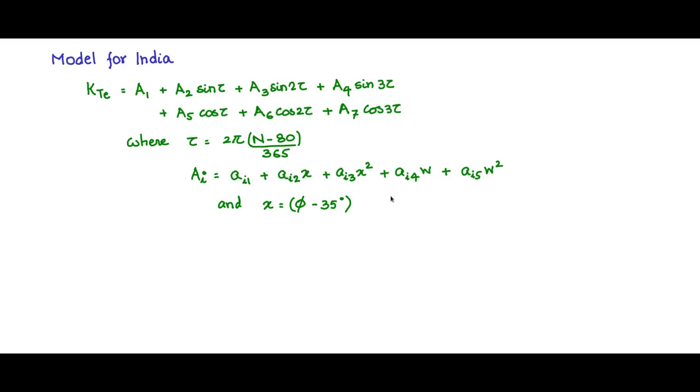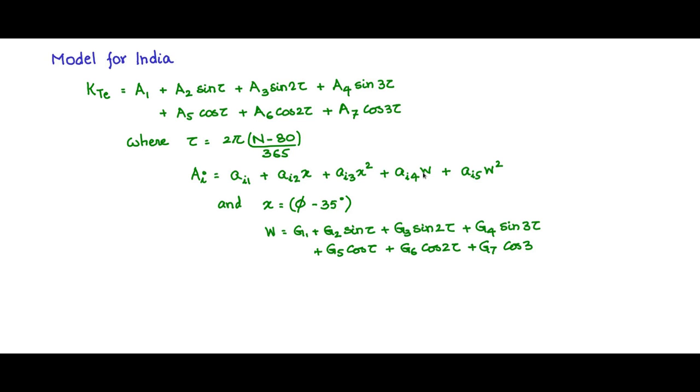Therefore, like the clearness index, we make a sub Fourier series model to estimate W. So W is of the form G1 plus G2 sine tau, G3 sine 2 tau, G4 sine 3 tau plus G5 cos tau, G6 cos 2 tau plus G7 cos 3 tau, where GIs are of the form GI1 plus GI2 x plus GI3 x square, where x is the latitude as defined here.